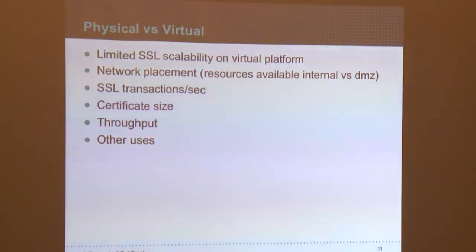So if you are in an environment that for some reason would need to go beyond 2048, you're probably already automatically going to be doing physical appliances. And then the throughput number. If you're doing a virtual appliance, keep in mind that you are going to be purchasing that virtual appliance in the NetScaler lineup based on how much throughput you're going to push through it. And then the other use cases. So NetScaler, the good and bad of it is it does a lot of things.